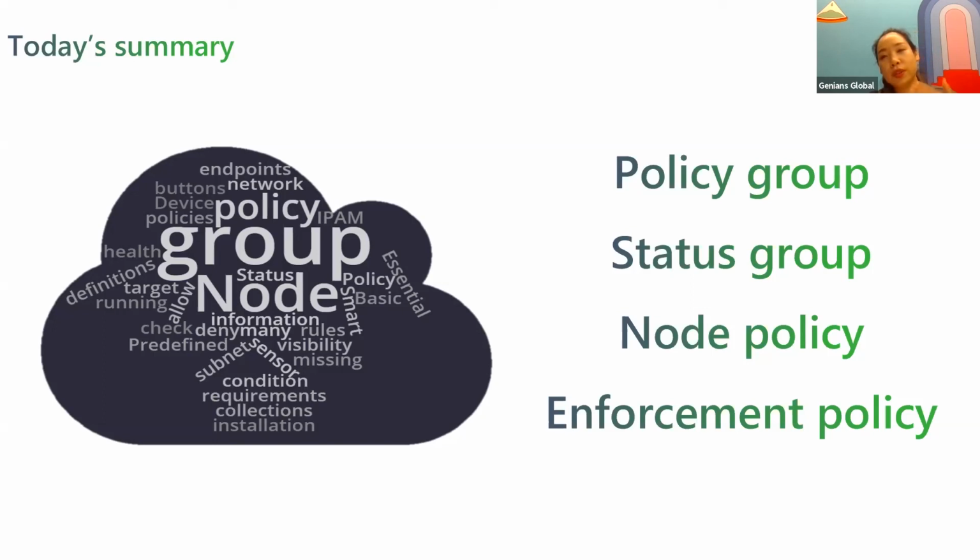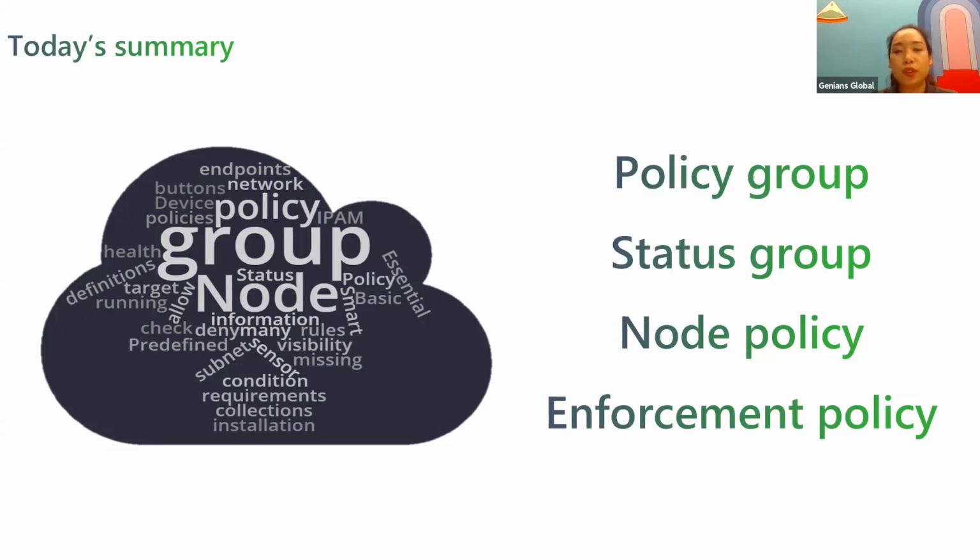Once you have decided to make the group for the policy, you first move to the node menu, which allows you to choose either the policy group or the status group. After making the group, you need to check the visibility inside each group.